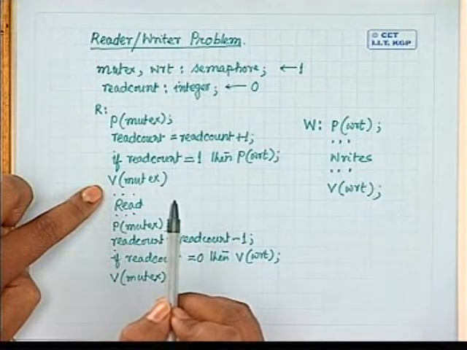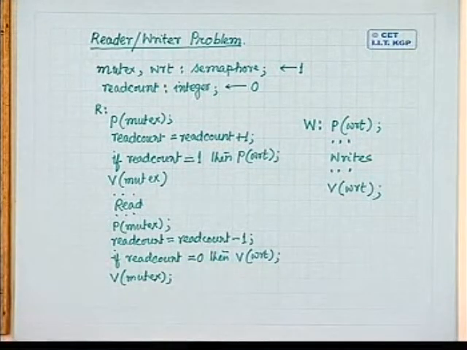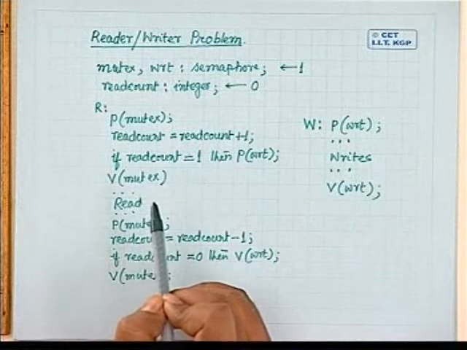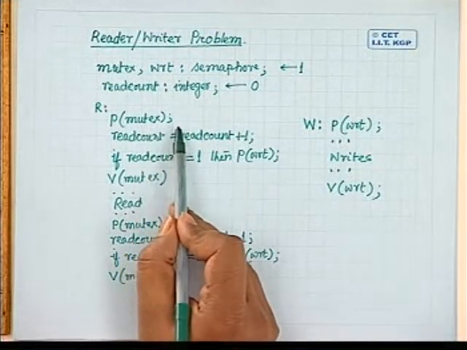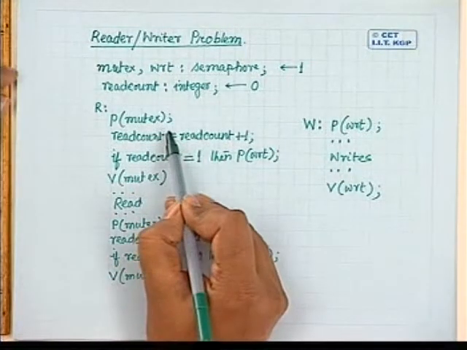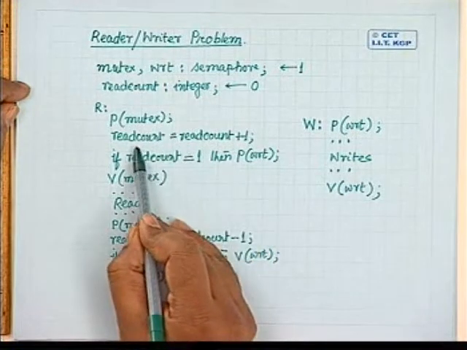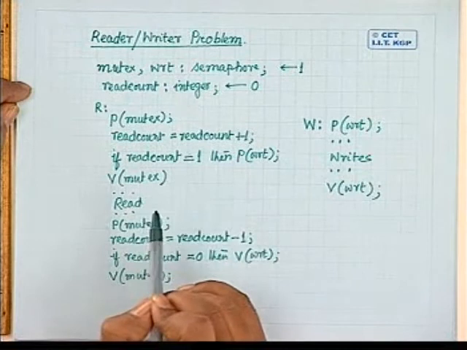Okay. Now, let us assume that initially there is no reader process or writer process trying to access the file. So, first one reader process is trying to access the file. The reader process will perform this p mutex operation, assuming that p mutex is successful because no other process is willing to read the content of the file. The process is given access to this read count variable and read count is incremented by 1.